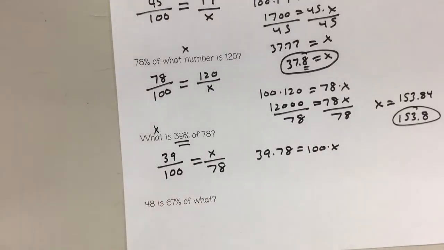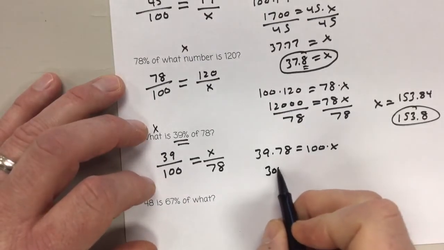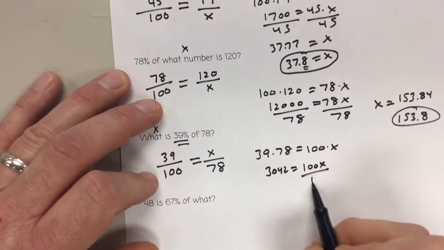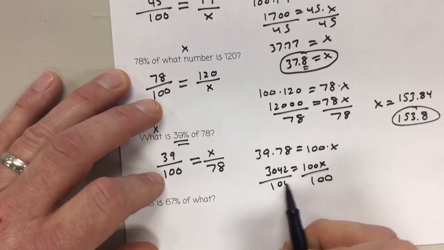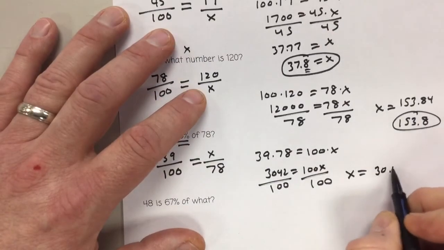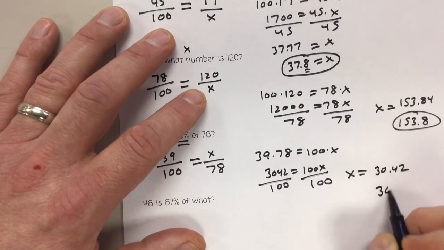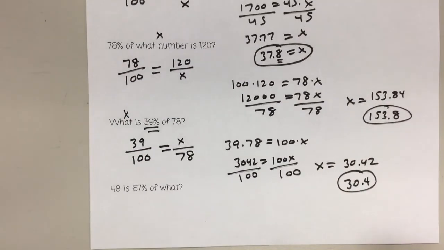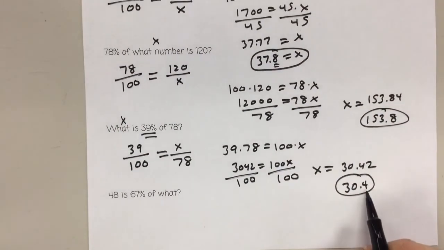So 39 times 78 is 3,042. And then I would divide both sides by 100. So 3042 divided by 100 is 30.42. And we would write in Moodle 30.4. So it always rounds to the first decimal place.